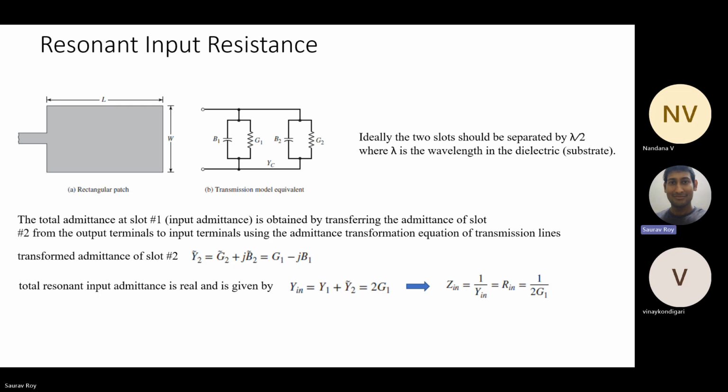The total admittance at slot 1 is obtained by transferring the admittance of slot 2 to the other one. So we will calculate this as if the two admittances of the two slots are connected through a transmission line, and the length of this transmission line is lambda by 2, L equals lambda by 2.